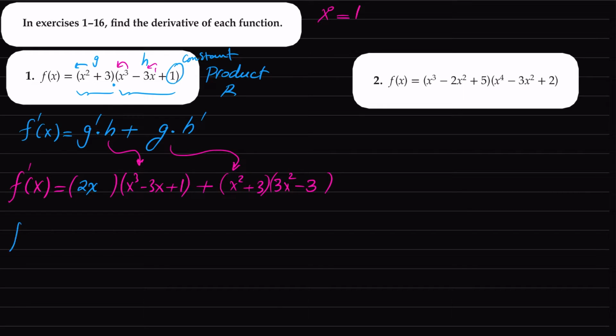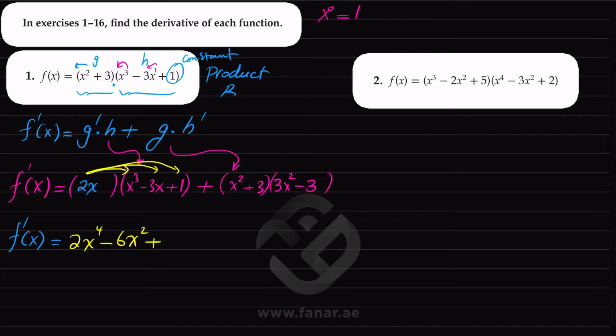So now we can expand it quickly. We can do 2x times x cubed, 2x times negative 3, and 2x times 1. So it will be 2x to the power 4 minus 6x squared plus 2x, plus x squared multiplied by 3x squared. It will be 3x to the power 4 minus 3x squared plus 9x squared minus 9.